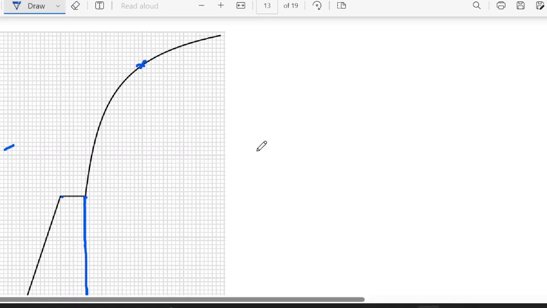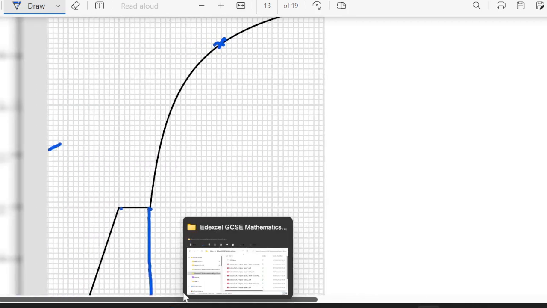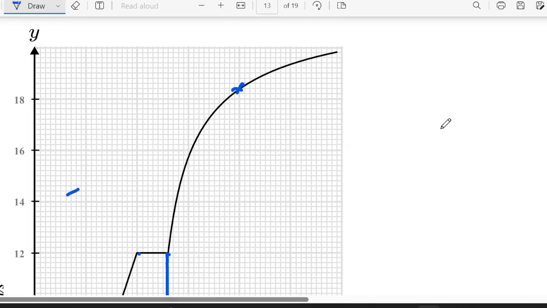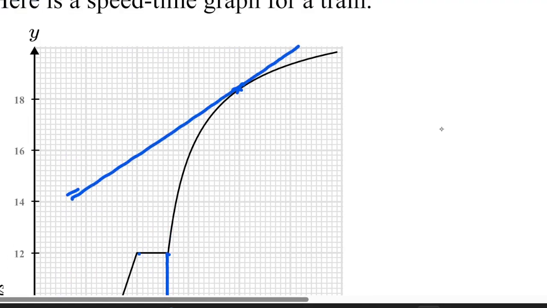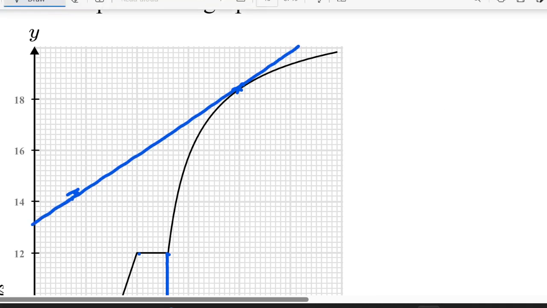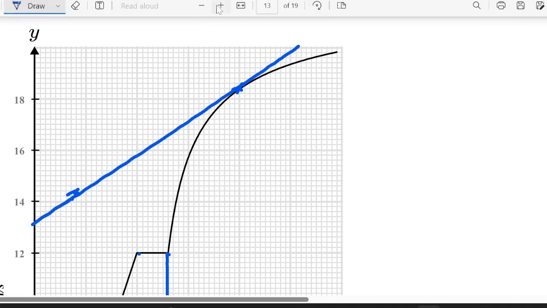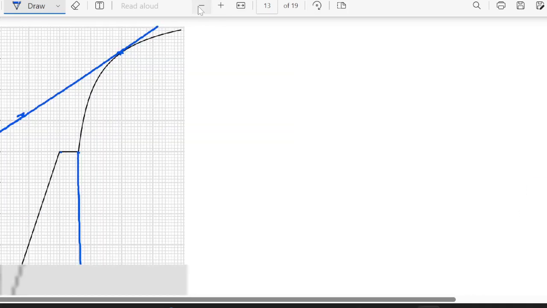And we can go even further than that. Right, okay, now let's zoom back out, hopefully.